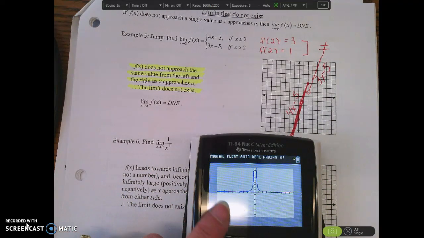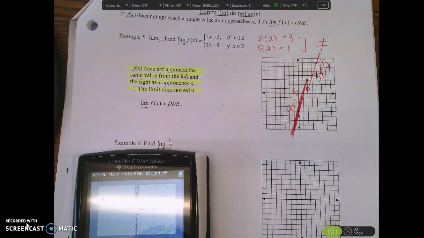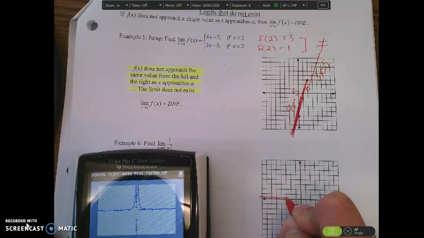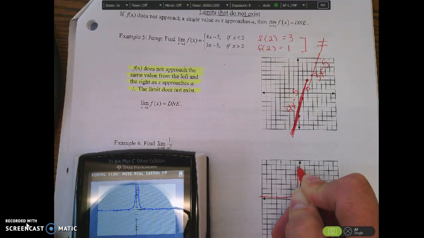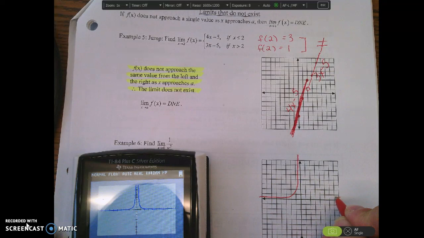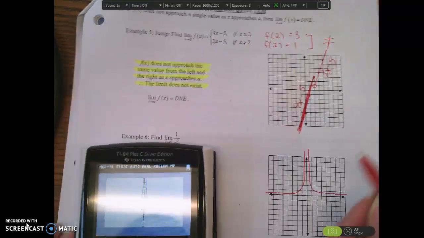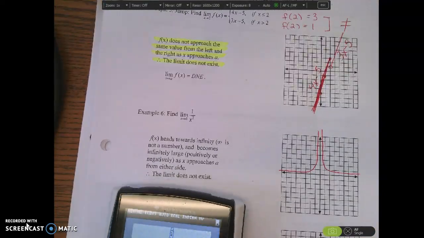So it looks linear, but then it shoots up and then it shoots back down. I'm going to do a quick sketch of this. The x-axis is a horizontal axis. The y-axis becomes a vertical axis. And this is symmetrical on the other side of the y-axis.